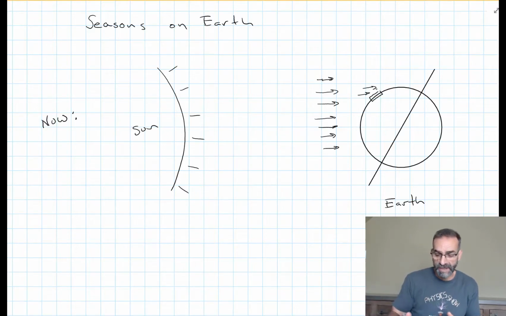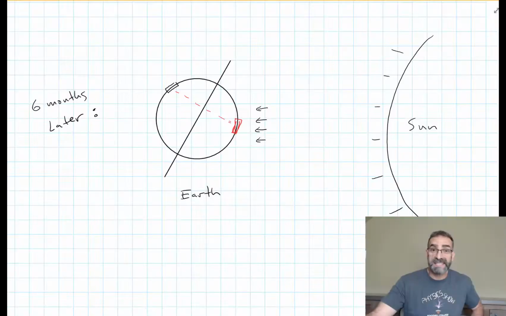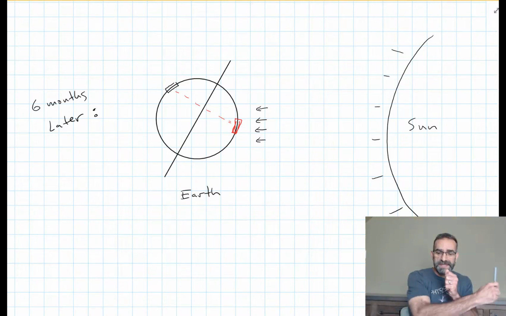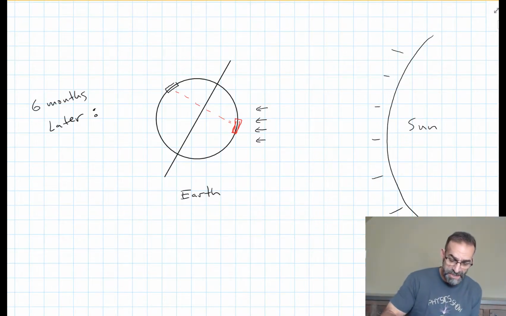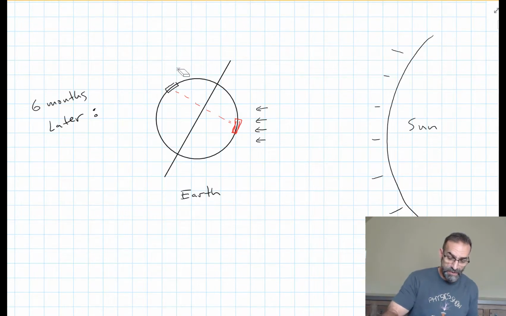Let's take a look at what happens 6 months later, when the Earth has moved around to the other side of the sun. It's 6 months later now, and the Earth has moved to the other side of the sun. And so this section over here that used to be facing the sun at a glancing angle is now over here.